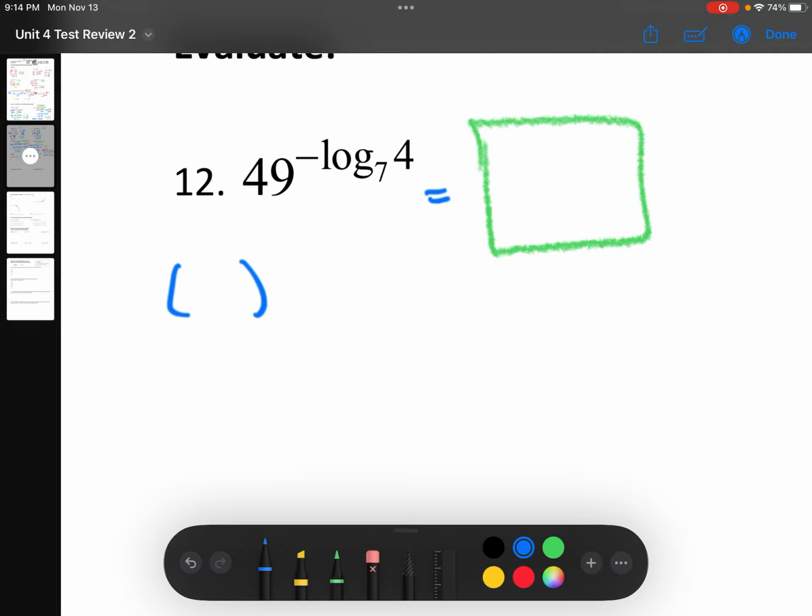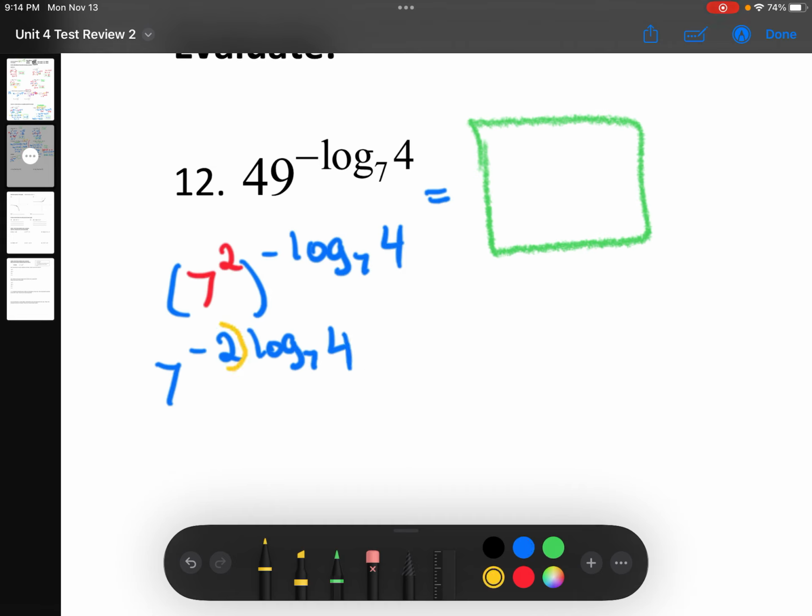So we take that 49, it's still to the power of negative log base 7 of 4. We write that 49 as 7 squared. Now, once we simplify with that exponent, that base of the log and base of the exponent will be the same value. So this becomes 7 to the power of negative 2 log base 7 of 4.